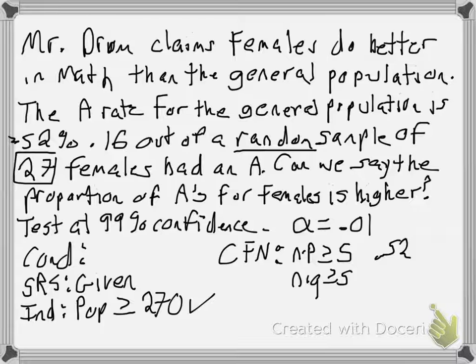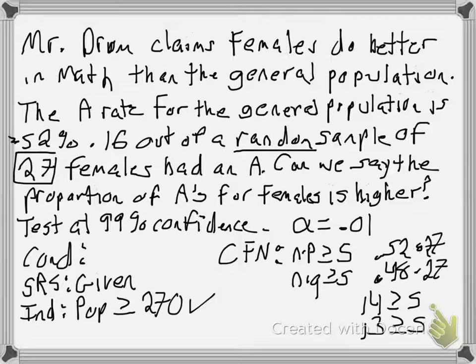So 0.52 times n, and then we have 0.48 times 27. Okay, so 0.52 times 27 is going to give us 14. So that's definitely greater than or equal to 5. And 0.48 times 27 is going to give us 13. That's greater than or equal to 5. So we are good as far as normality goes.